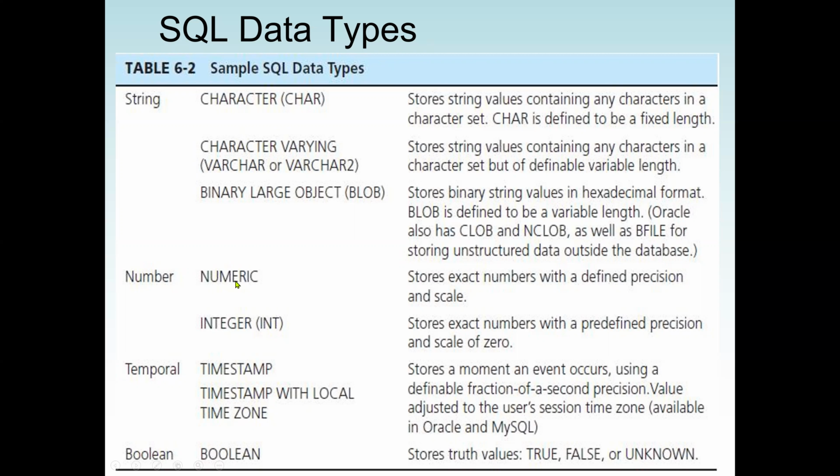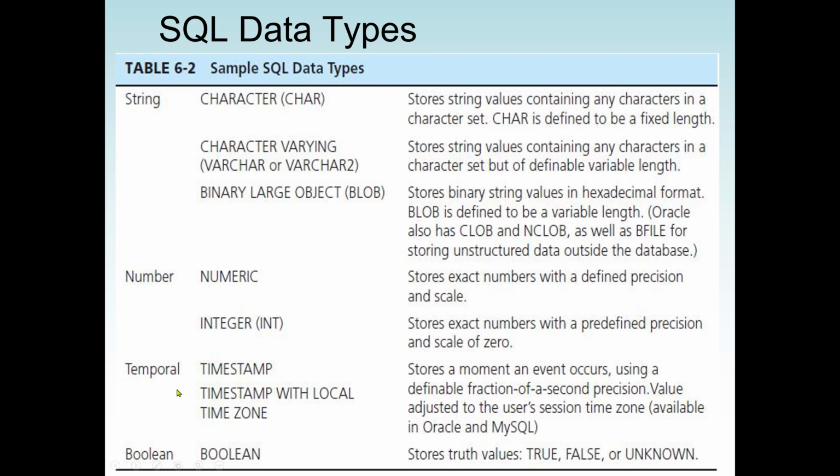But with NUMERIC, we can store an exact number with a defined precision and scale. By precision, we mean the decimal places. So if it's NUMERIC, I can store 20.45. But if it's INTEGER, it can only be 20. There's no decimal 0.45. So if my data type is integer, I'm using whole numbers. Numeric can be whole numbers or decimal numbers.